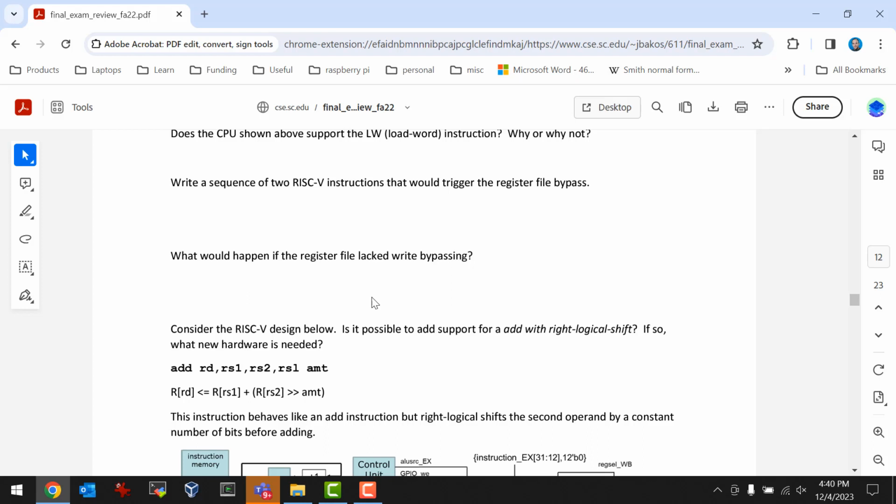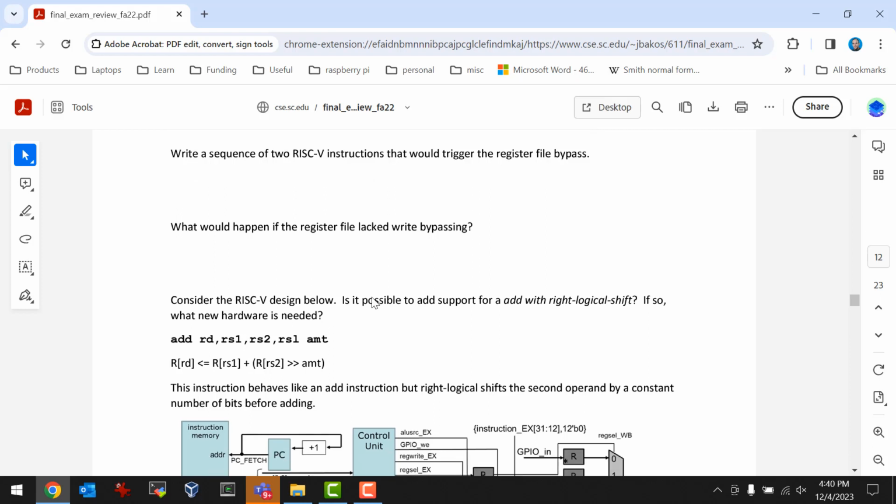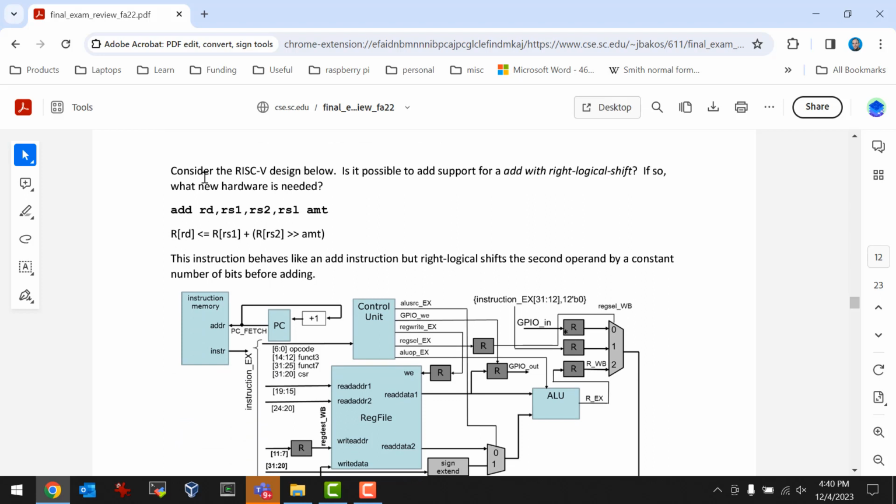It's a feature designed to improve performance as compared to not having it. What would happen if the register file lacked write bypassing? Well, then, like I said, you couldn't have 2 adjacent instructions with a dependency.